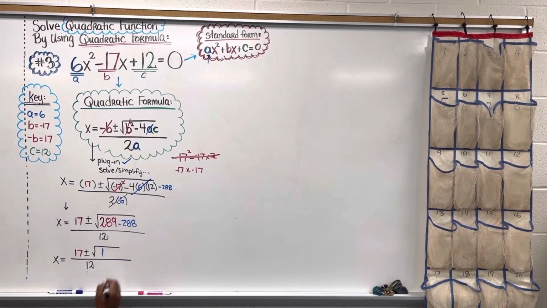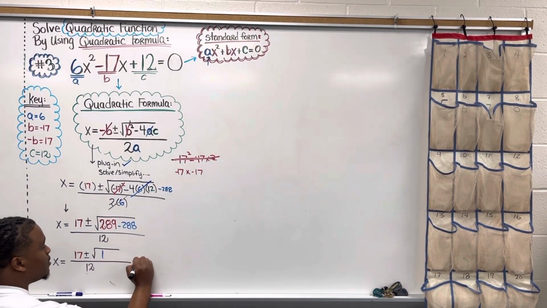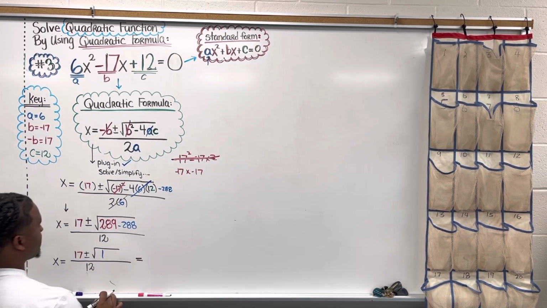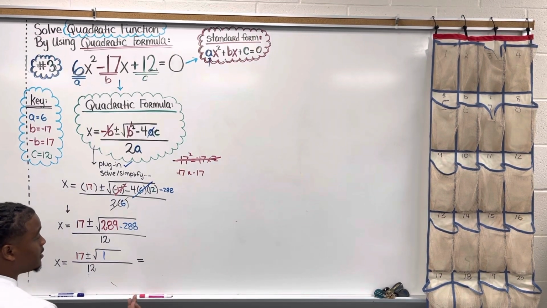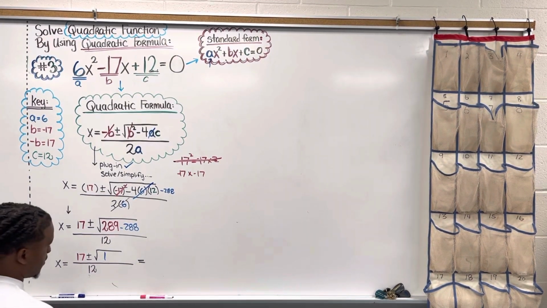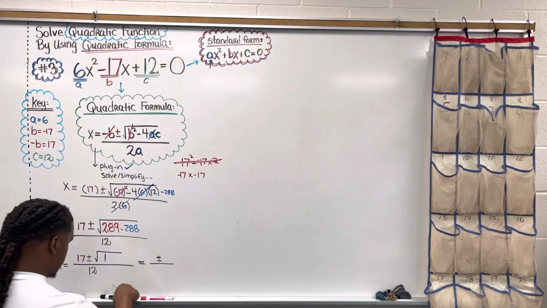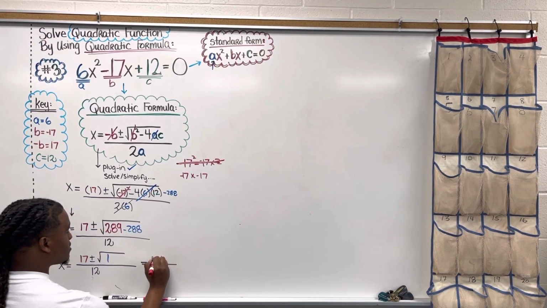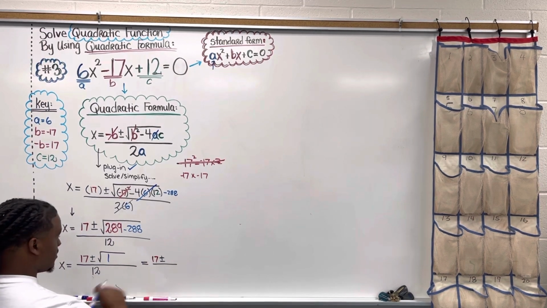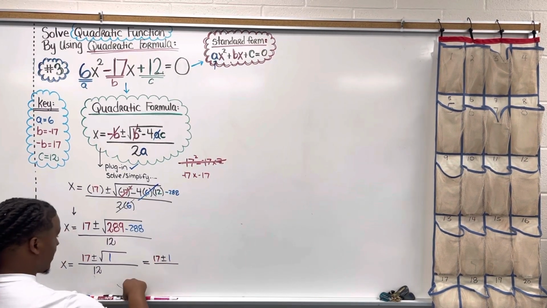Okay? Now, we're going to find out the square root of 1. The square root of 1 is 1 because 1 times 1 equals 1, right? So I have 17 plus or minus 1, all divided by 12.